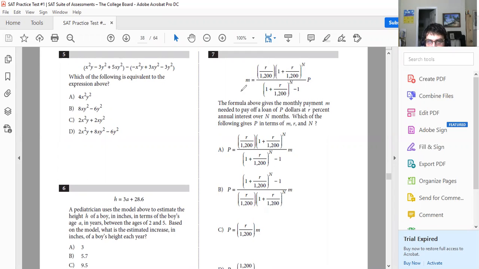It's an awfully complicated formula. Which of the following gives P? We're solving for P in terms of M, R, and N. So we need P by itself. Essentially, all we're going to have to do is multiply this up here to get it to the top, and bring this expression up here to the bottom. We're going to be dividing by that to solve for P.